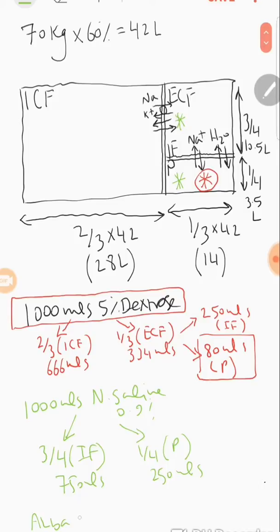So albumin or Gelofusine all remains in plasma. That's just a summary of the differences in the distribution of 5% dextrose, normal saline, and albumin or Gelofusine. Thank you.